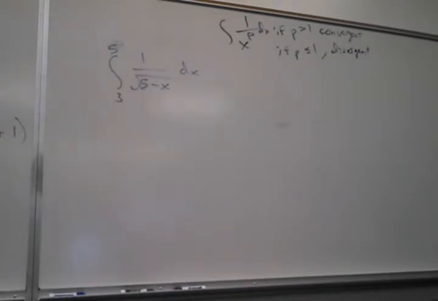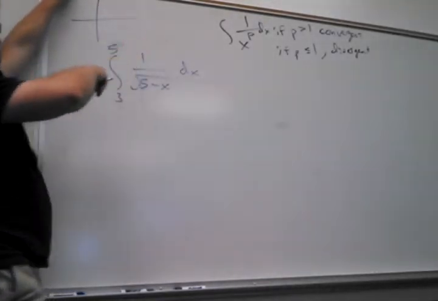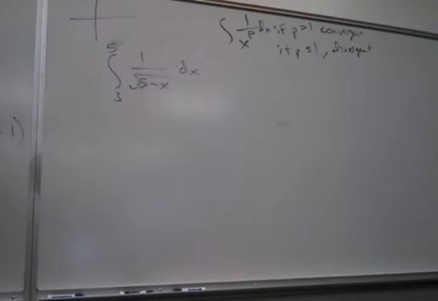So of course what happens here? Exactly. So as it goes to 5, it's going to be 0 on the bottom, which means the whole thing's going to go to infinity. Right. 1 over 0 goes to infinity as I approach 0 on the bottom.